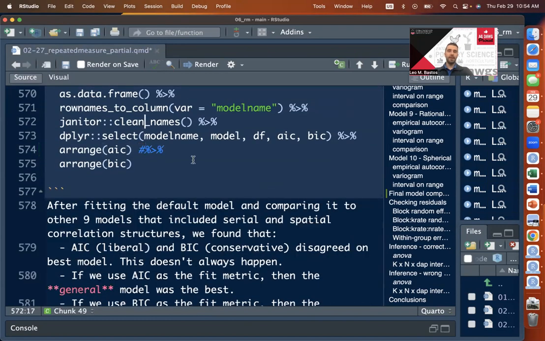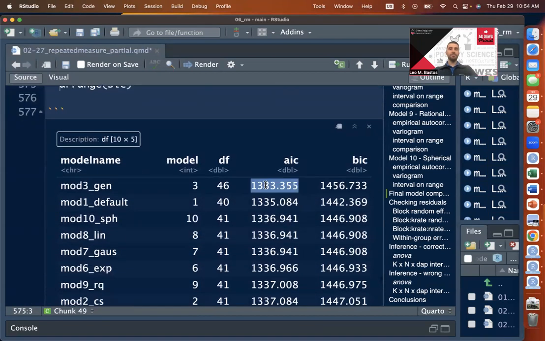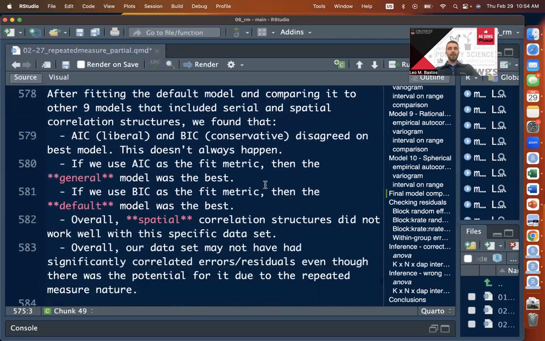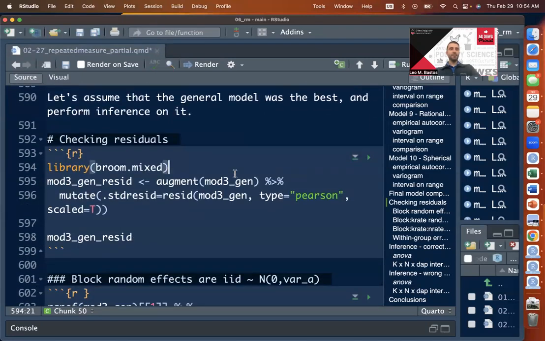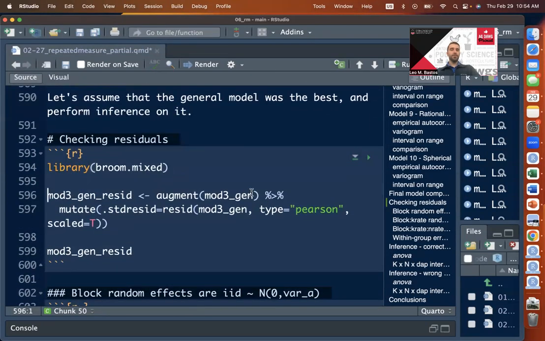We would have the decision of selecting Mod 3 Gen as our best fit model. So with that in mind, selecting that model as our model to use for inference, the first thing we would do here is calculate the residuals. So we're going to check residuals.